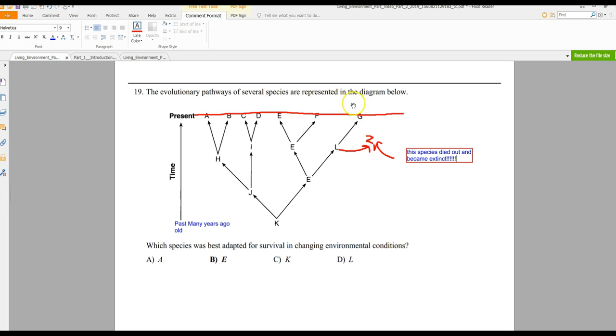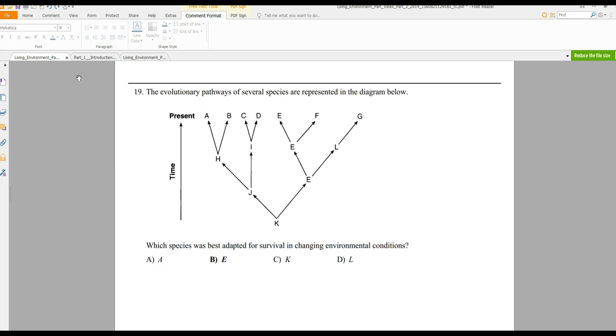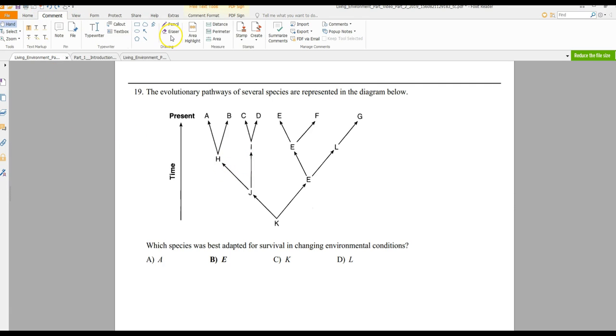Another thing to realize is they're going to ask you things like, okay, let me just take this off for you so that I can have a clean slate to work with. Let's say that they have G, F, and A. And the question is, which species is closely related to G, A or F?